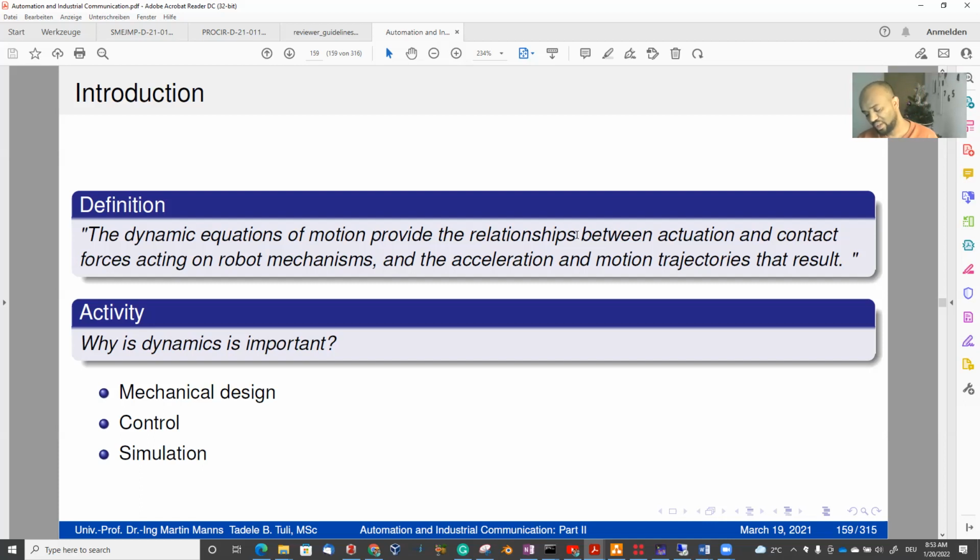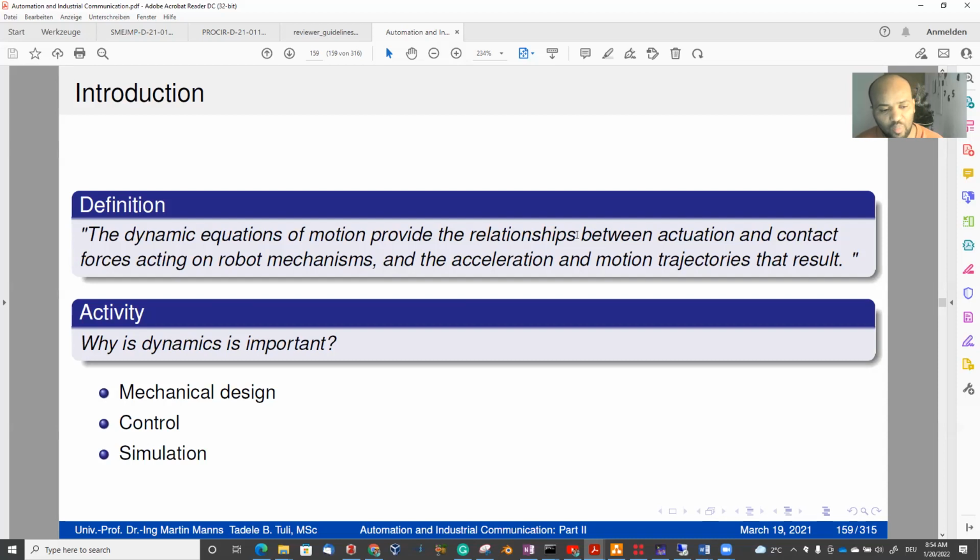So we have to know how the trajectory should look like, how the robot should accelerate, so we could minimize jerks and vibrations in the robot mechanism, as well as avoid any effects that come due to the contact forces or the actuation forces.